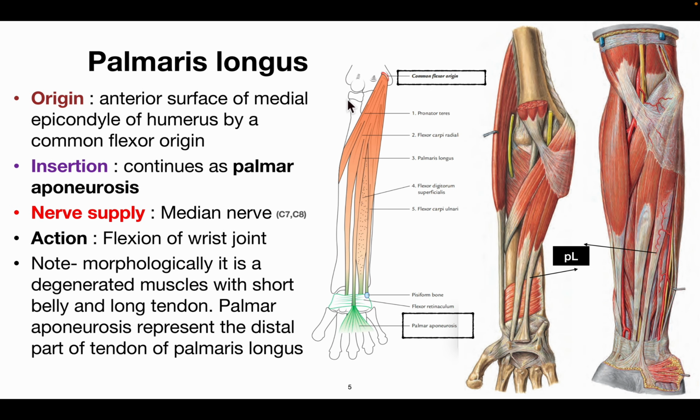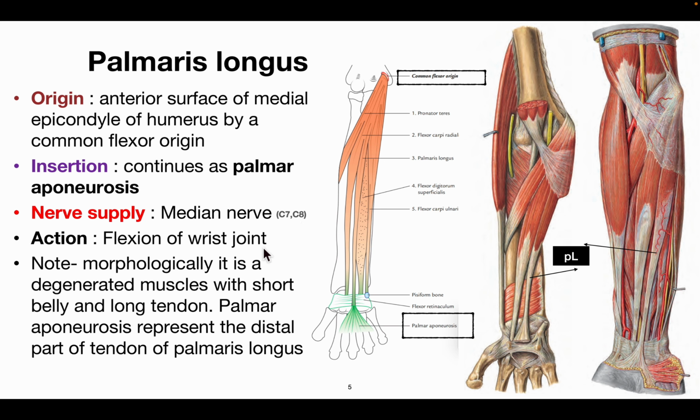Palmaris longus. The main feature about this muscle is that it has a short belly and a long tendon. The origin takes place from the anterior surface of the medial epicondyle of the humerus, that is by the common flexor origin, and in insertion it continues as the palmar aponeurosis. Nerve supply is by the median nerve carrying root value C7 and C8.